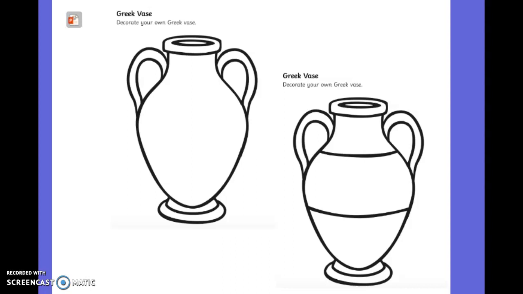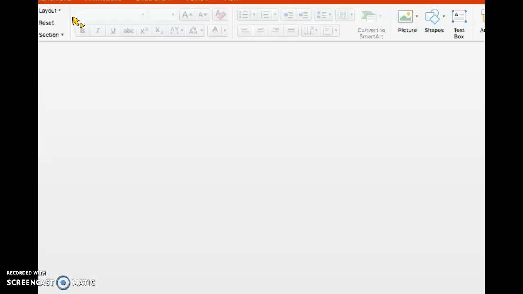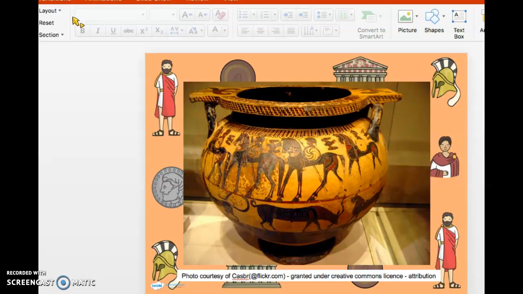Greek vases are very famous, and here let me just show you some examples. Around the Greek pot, often it shows a story. So here you can see the horse with the Greek soldier on it, and they are going into battle.